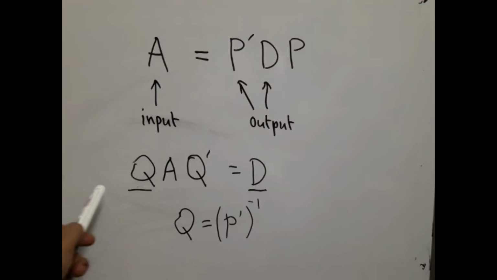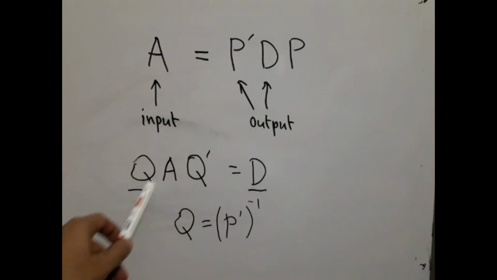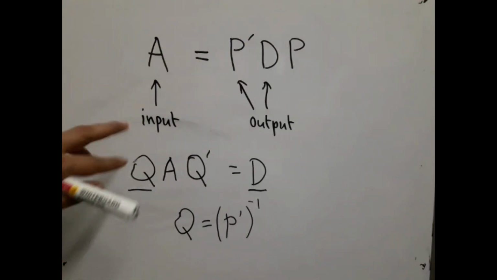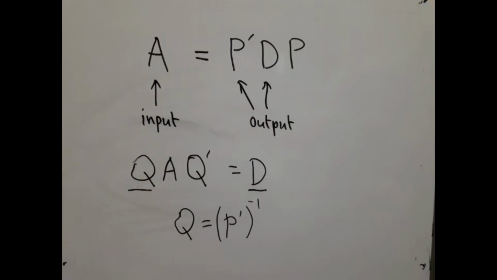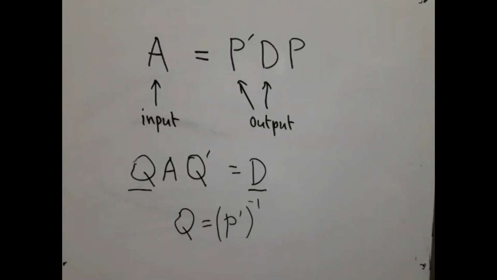Now, what we shall do is the following thing. Whenever we are pre-multiplying, that is multiplying A from the left by this matrix Q, we are basically performing certain row operations. So, pre-multiplication performs row operation. And when I post-multiply from the right by the transpose of the very same matrix, I am doing the corresponding column operation.